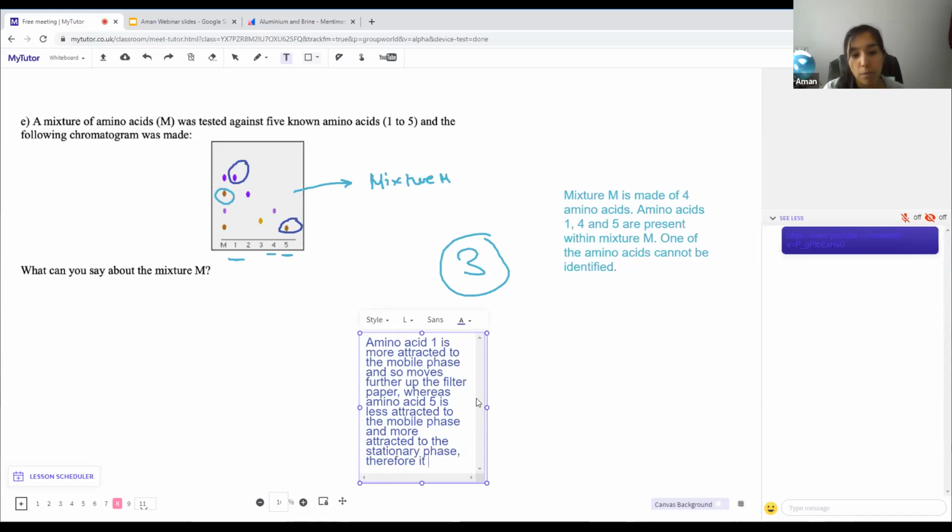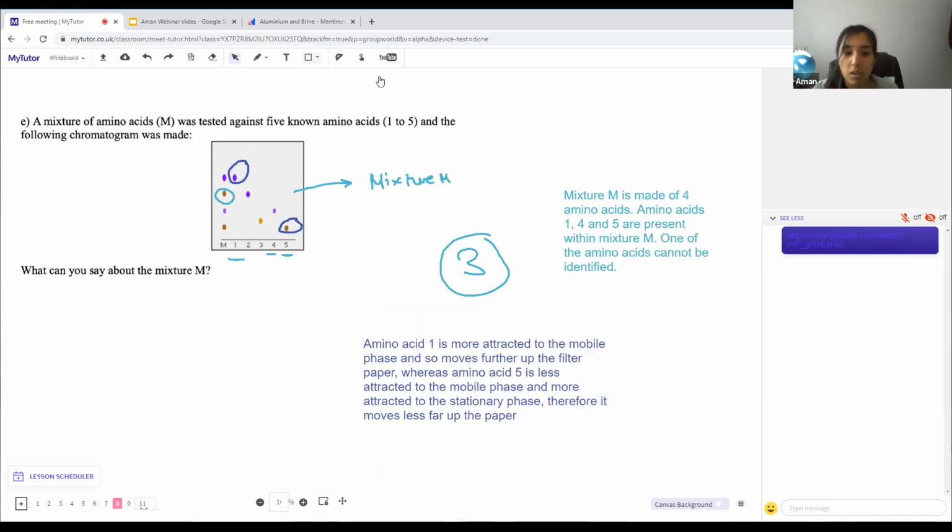Therefore, it moves less far up the paper. So that's quite a long answer, but hopefully that makes sense. There you go. Any questions on that?